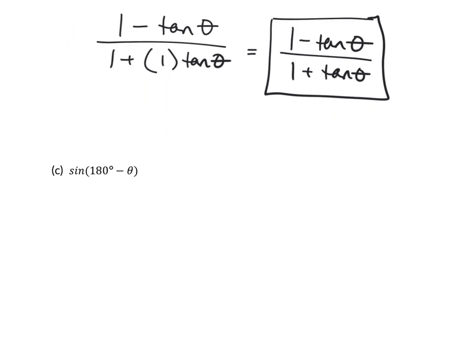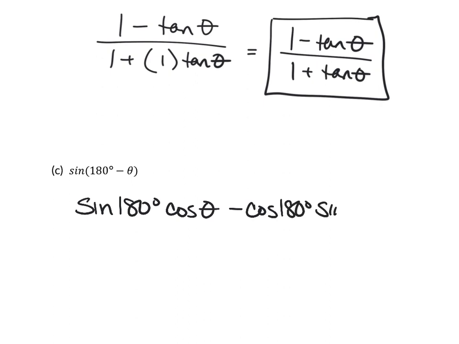For this last one, sine of 180 minus theta, it's the difference of signs, so I would use the sine formula, but with a subtraction sign. Sine of 180, cosine of theta, minus cosine of 180 degrees sine of theta. Sine of 180 degrees is 0. And the cosine of 180 degrees is negative 1.